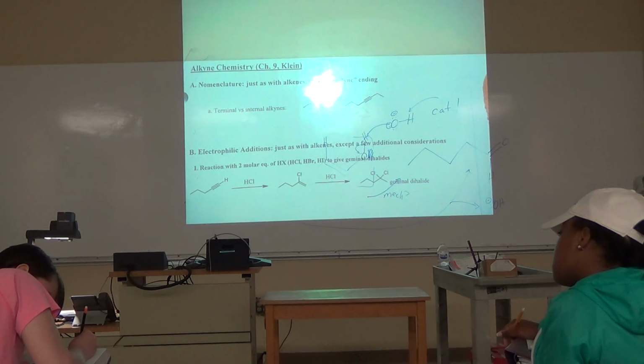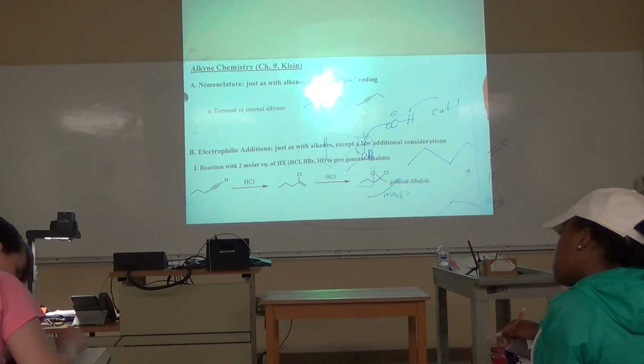It's not absolutely necessary. Mercury may give better yields, so the yield might be a little low, but that's fine. We're not going to use mercury and contaminate the environment, because then you have to dispose of it properly, and that's expensive.